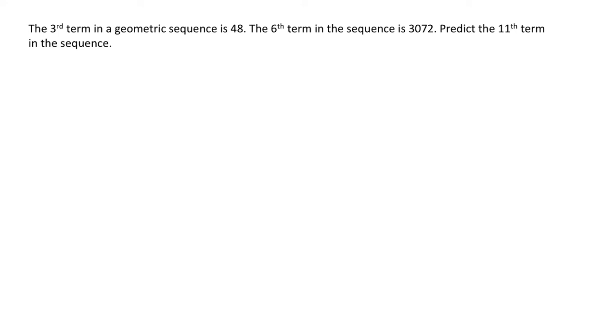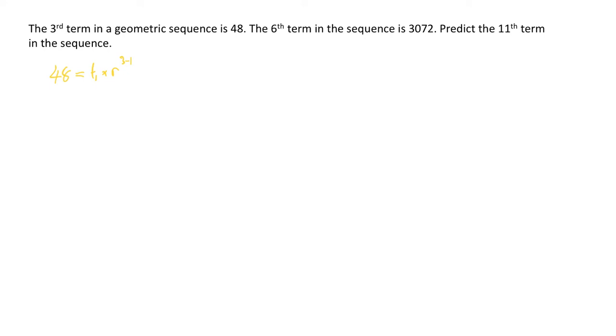So as always, we should start off by having a look and seeing what information we do have. We know that the third term is equal to 48. So if I write this for the rule, 48 is equal to T1 times R to the power of 3 minus 1.